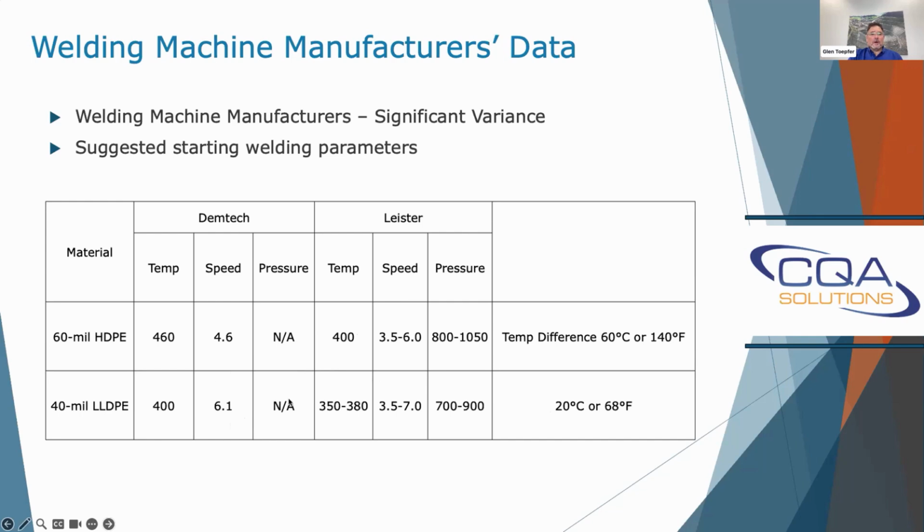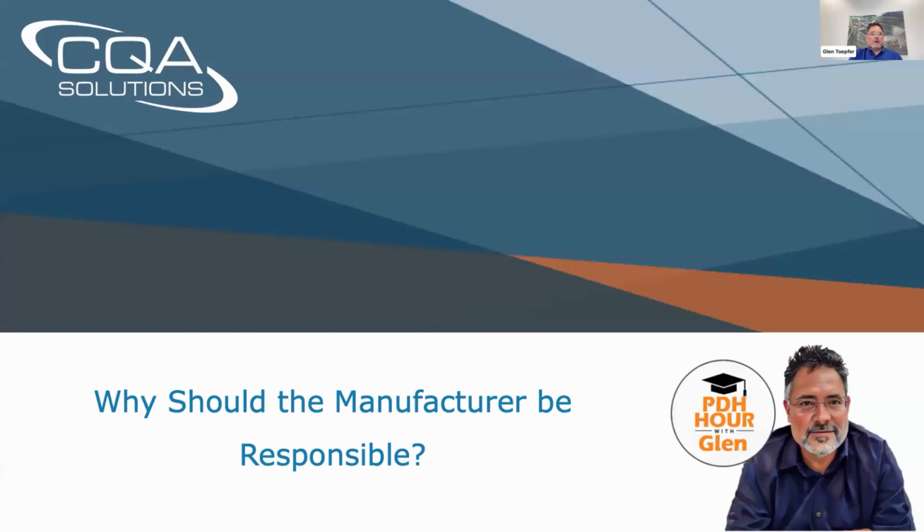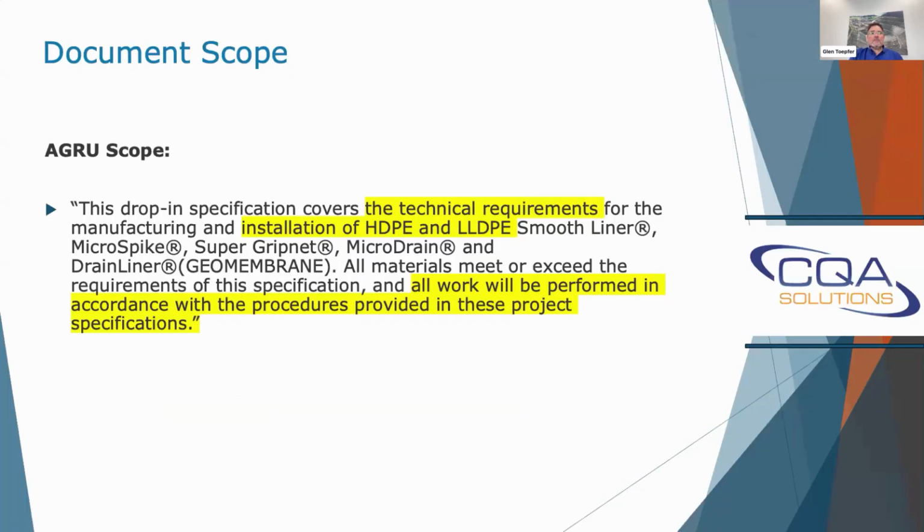I don't have a true answer to that yet, but here is why I think the manufacturer should be responsible for the data. There's several points under this. First of all, some of the scopes make it seem like this should be within their scope of the document.